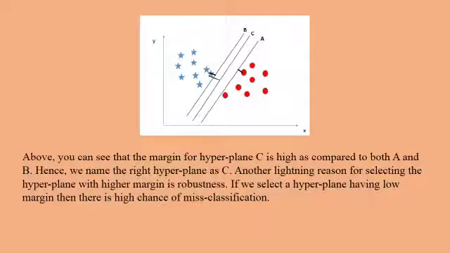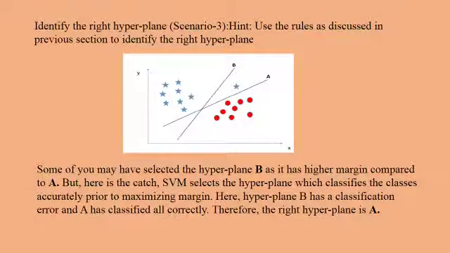Another compelling reason for selecting the hyperplane with higher margin is robustness. If we select the hyperplane having low margin, then there is a high chance of misclassification. The third scenario. For this scenario, let us use the rules discussed in the previous section to identify the right hyperplane.